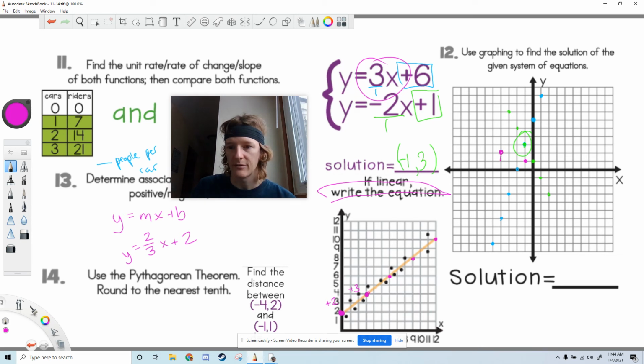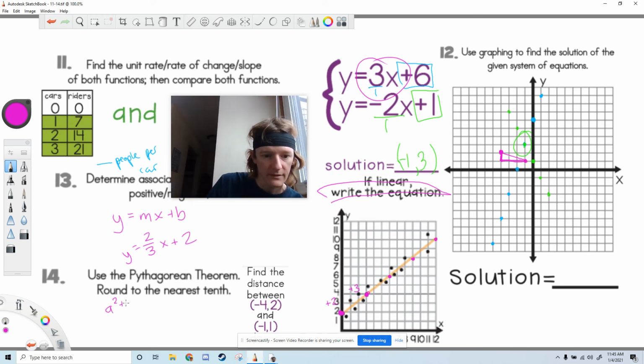We've got to use a trick here where we pretend that this is a right triangle, and we're going to use the Pythagorean theorem. A squared plus b squared equals c squared. So we have a, b, and c.